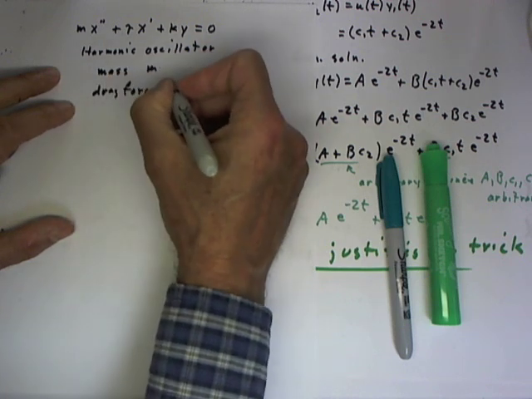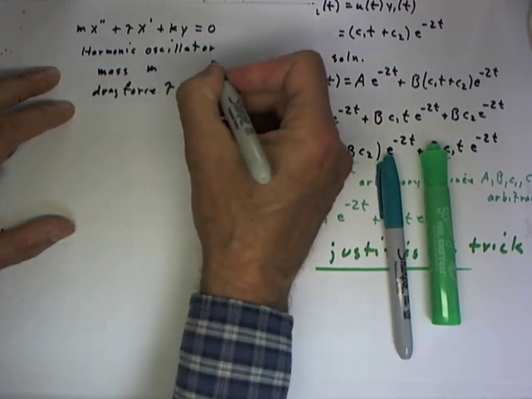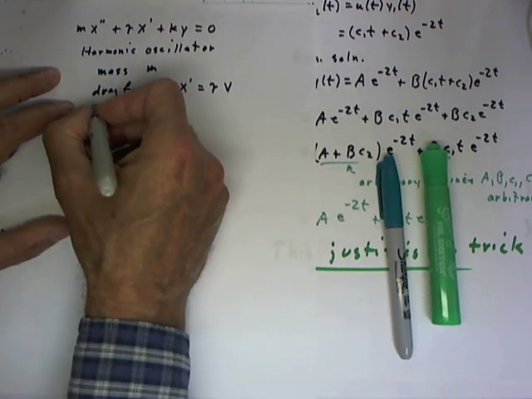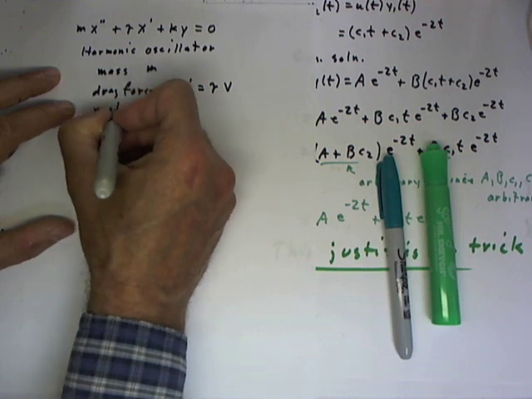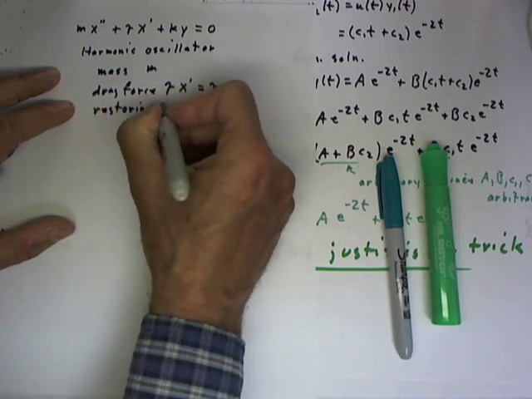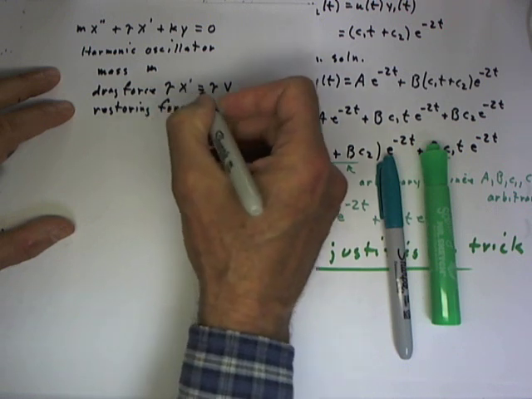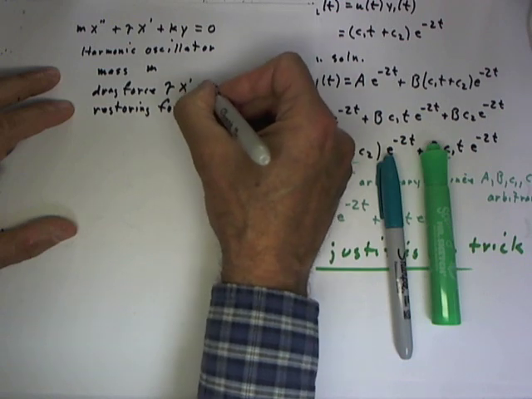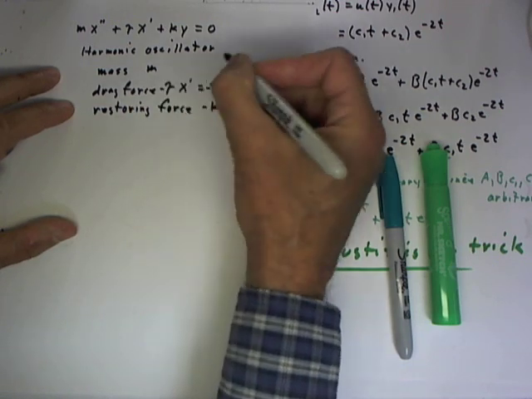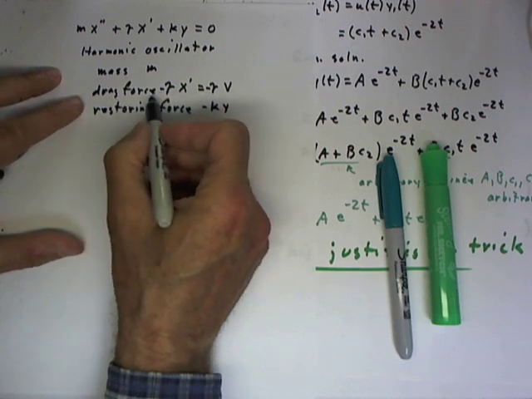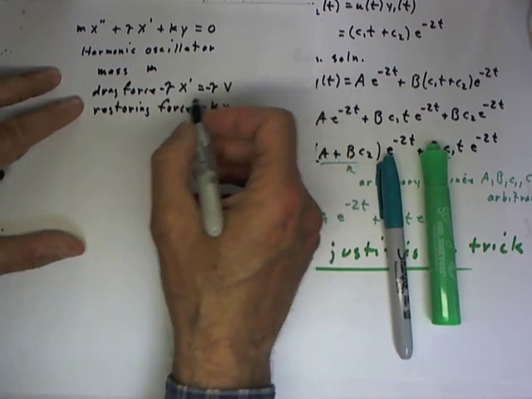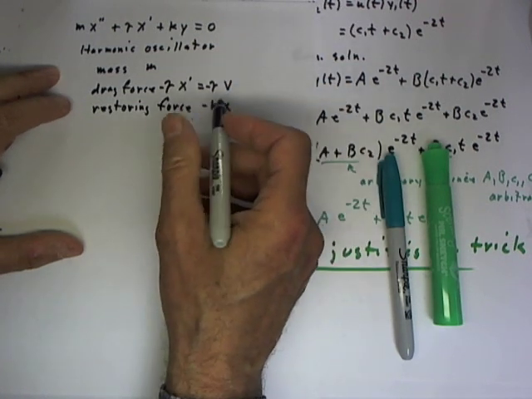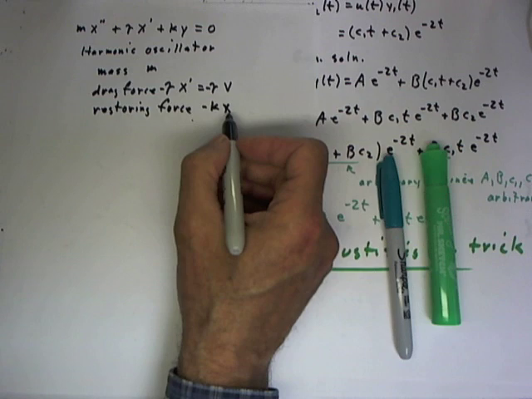drag force gamma x prime, which of course could be written as gamma times velocity v, and restoring force negative k y. We make these both negative because the drag force is in the direction opposite the velocity, and the restoring force is opposite the direction of the displacement from equilibrium.